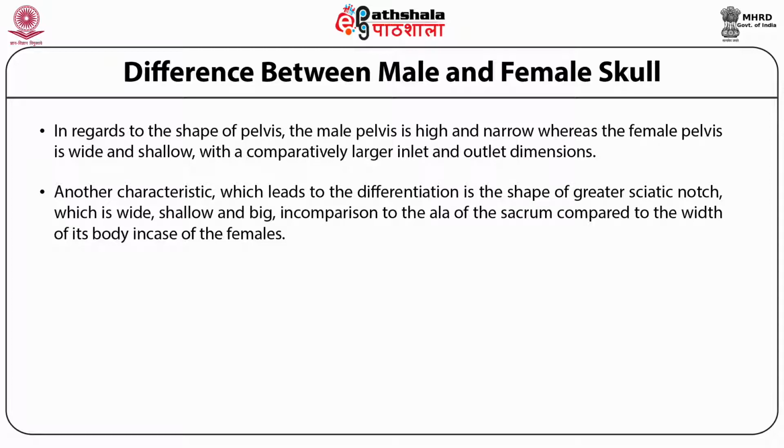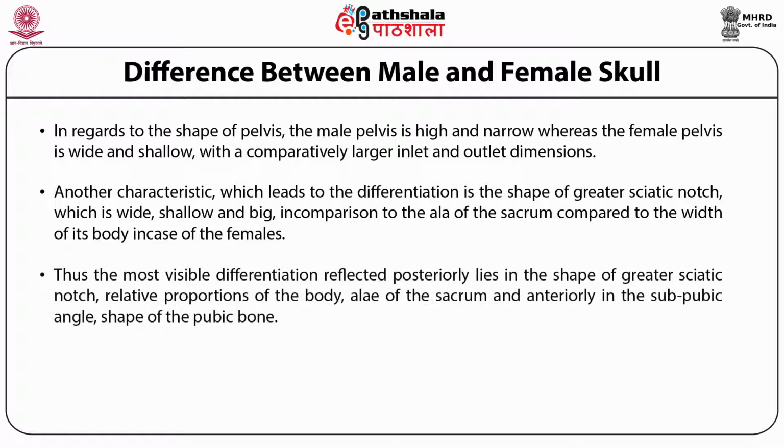Thus, the most visible differentiation reflected posteriorly lies in the shape of the greater sciatic notch, relative proportion of the body and ala of the sacrum, and anteriorly in the subpubic angle and shape of the pubic bone.